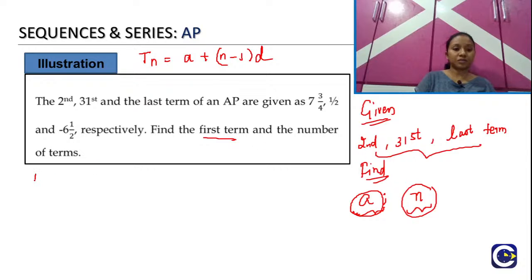So this is second term, that means T2 is given, as well as 31st term, that means T31 is given, and we are not familiar with the last term because n is not given, that we have to find out. So you can write the second term as well as the 31st term here from the given information.